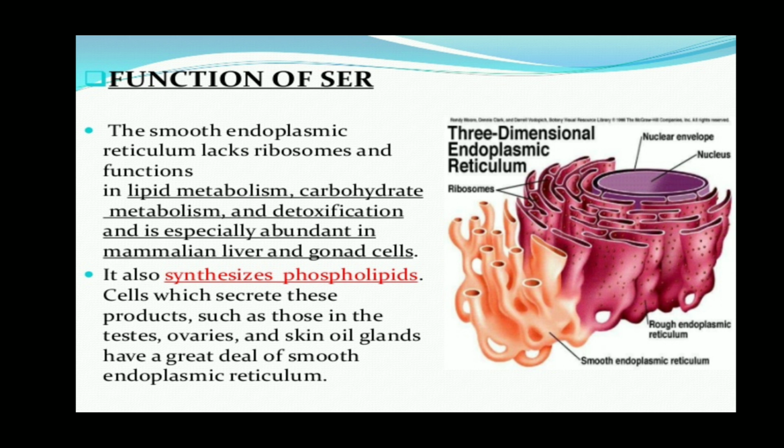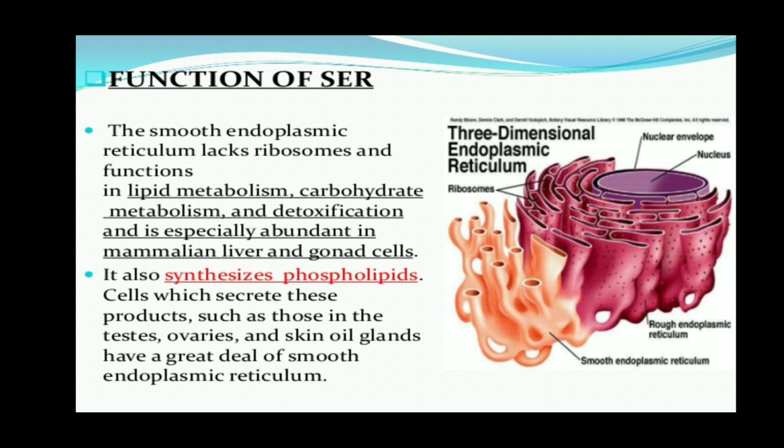Then we will see the functions of smooth endoplasmic reticulum. This three-dimensional structure of the endoplasmic reticulum shows the smooth endoplasmic reticulum structure. The smooth endoplasmic reticulum lacks ribosomes and functions in lipid metabolism, carbohydrate metabolism, and detoxification.